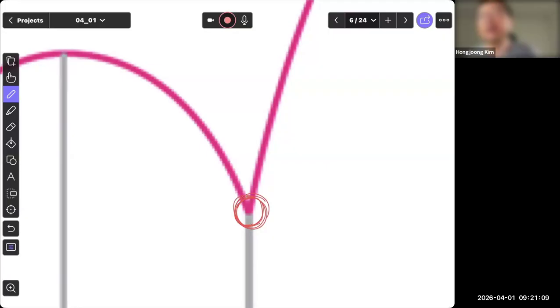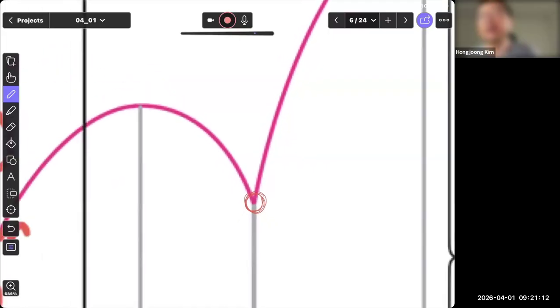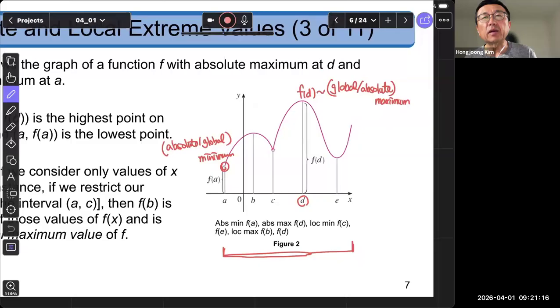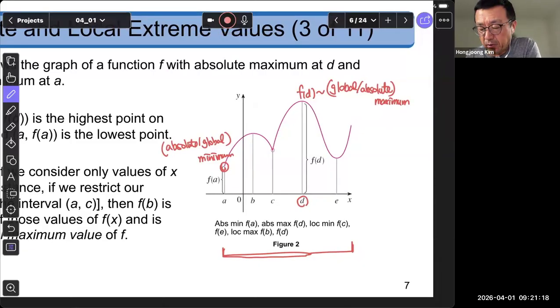In other words, if you can find some interval on which the value at c is the smallest value, in that case we say f of c is a local minimum.